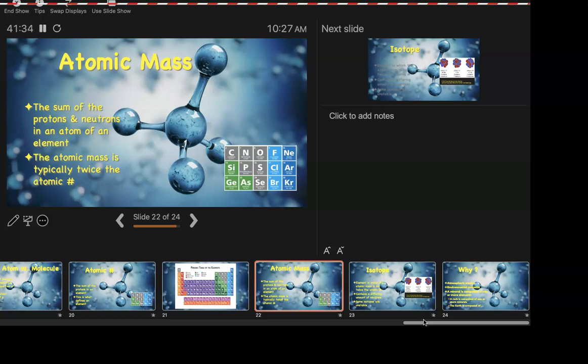Selenium's actual mass is, I believe, 78. Breaks the rule, right? So what are the two things that have mass? Protons and neutrons. So how did they get selenium to 78?